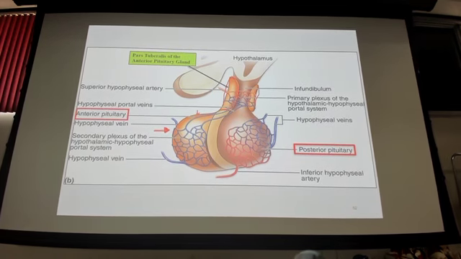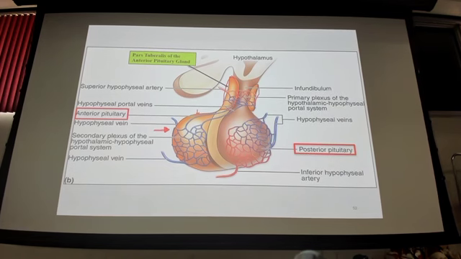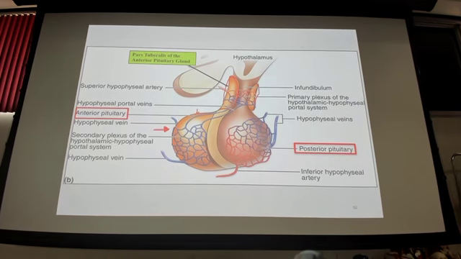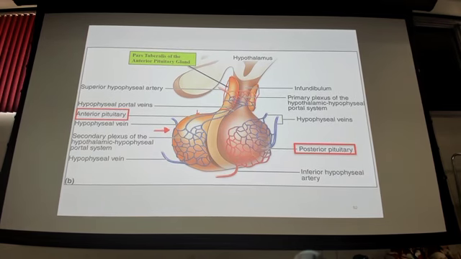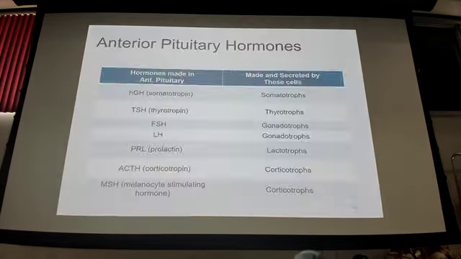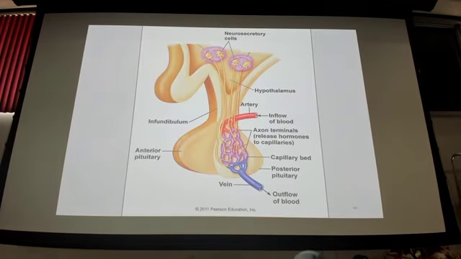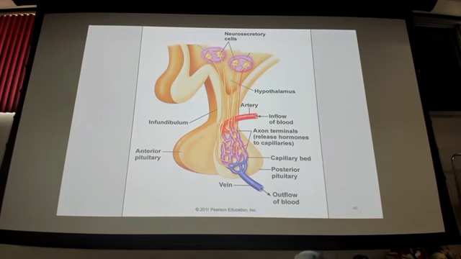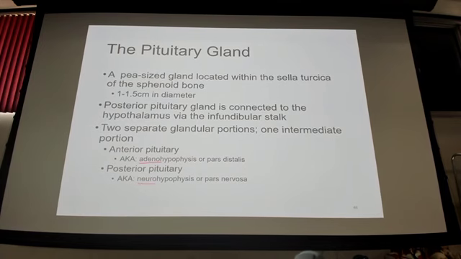And just to clarify, the pars distalis is the actual glandular, the large portion at the bottom. Let me go back and find the picture. Yeah, it's this, the glandular tissue. So different names for the same thing: pars nervosa, pars distalis.